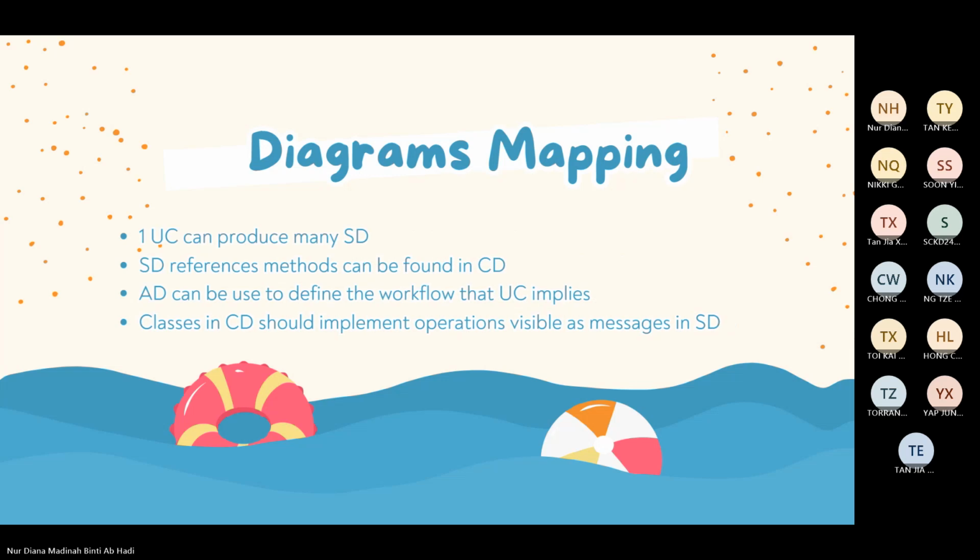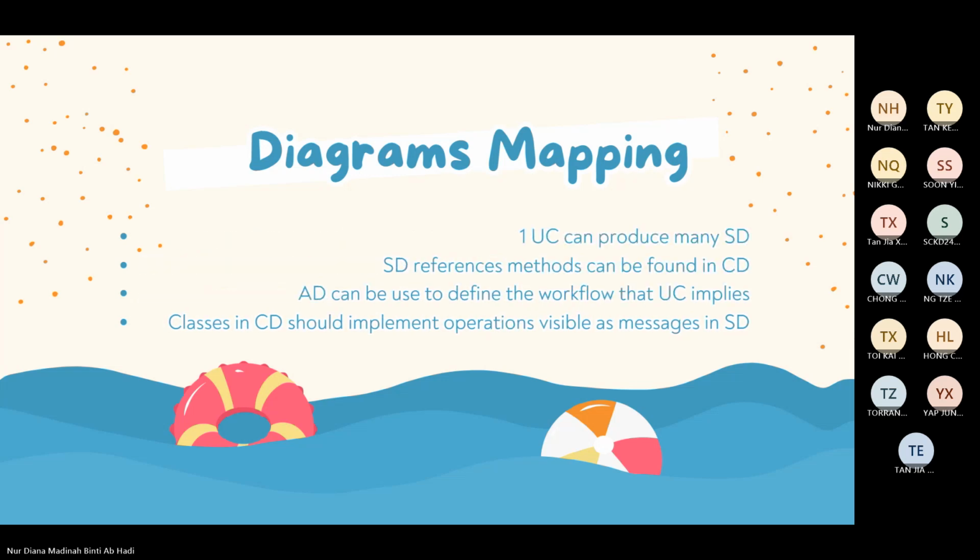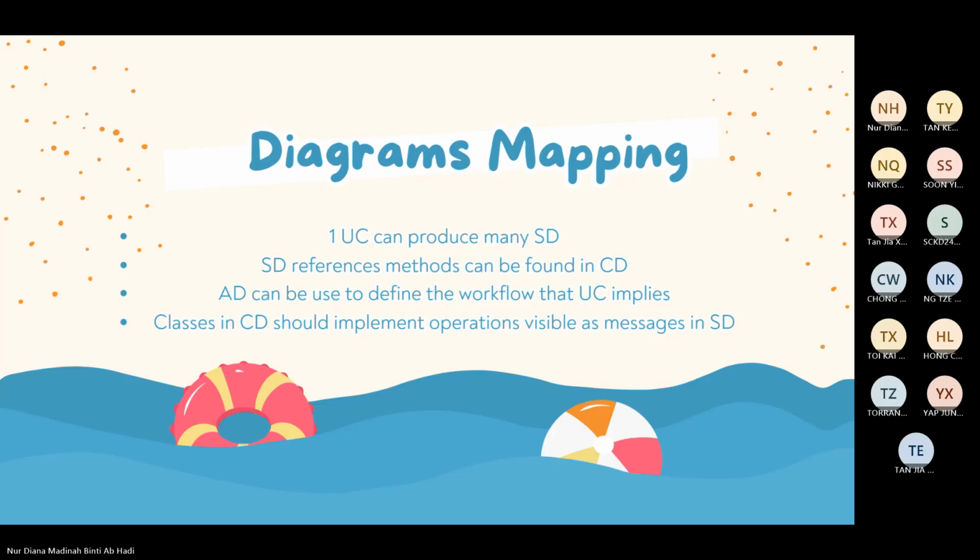Yes, inside UC you have many functions which you need to take out one by one to show the sequences. But then your sequence diagram's reference methods, you can find them inside your class diagram.